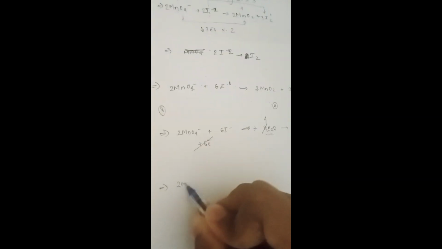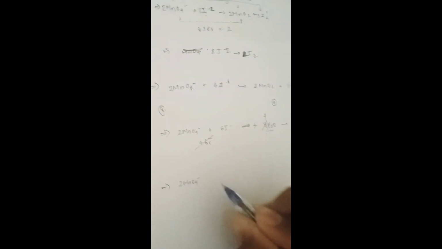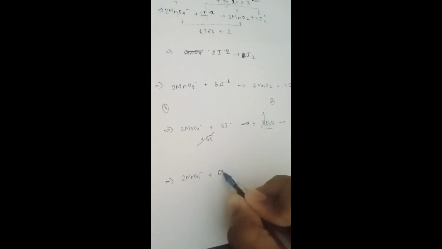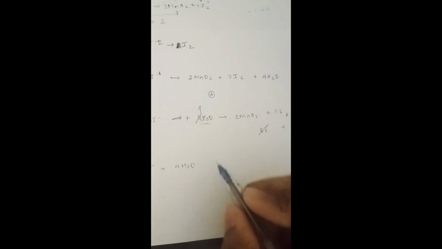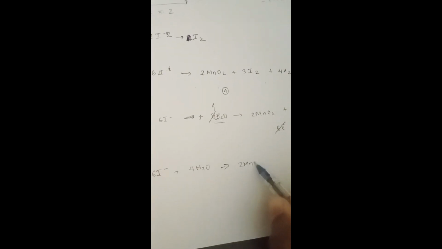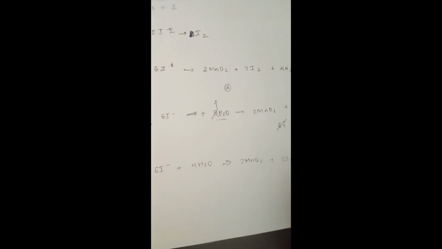So the total and balanced equation will be 2MnO4 minus plus 6I minus plus 4H2O gives us 2MnO2 plus 3I2 plus 8OH minus.